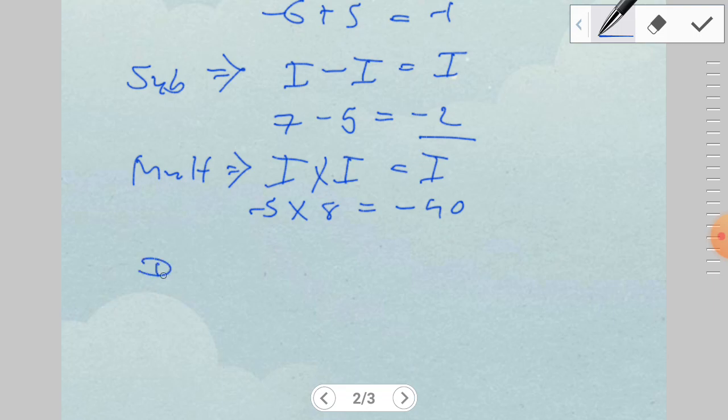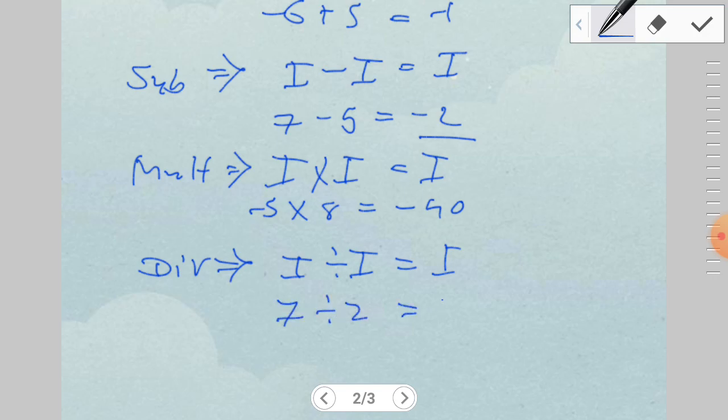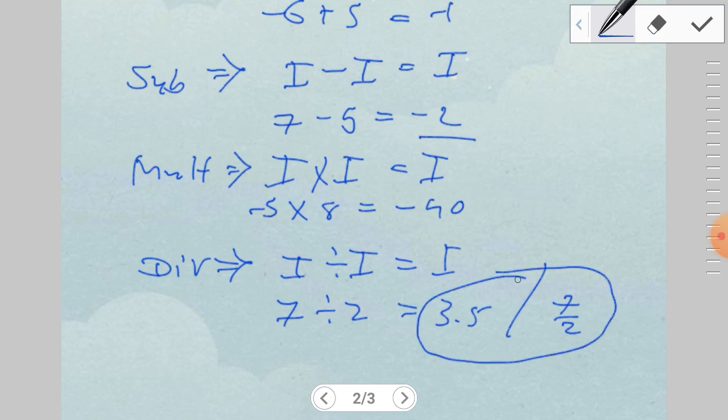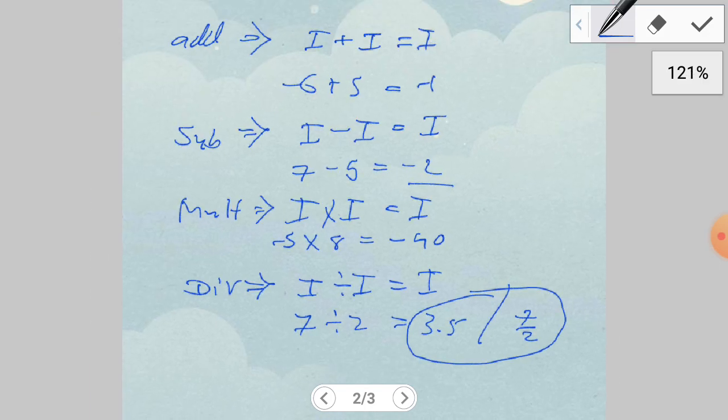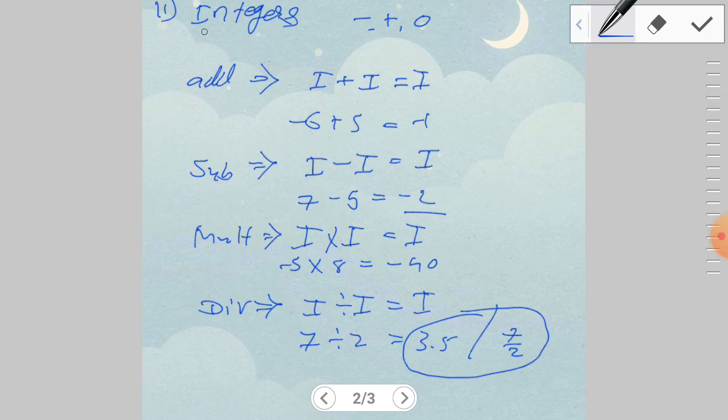Another one is division. An integer divided by an integer should be an integer. So 7 divided by 2 becomes 3.5 or 7 upon 2. These both types of answer are not included in the integer type of numbers. So we can say that integers are not closed under division.